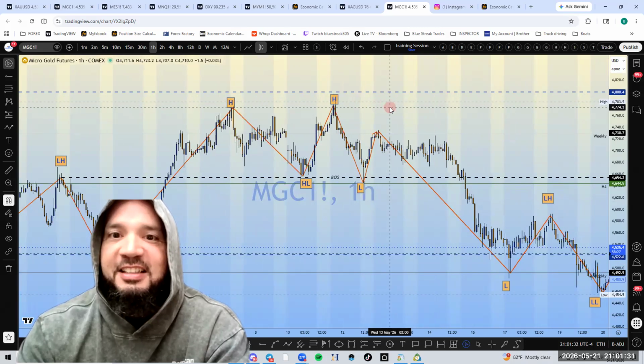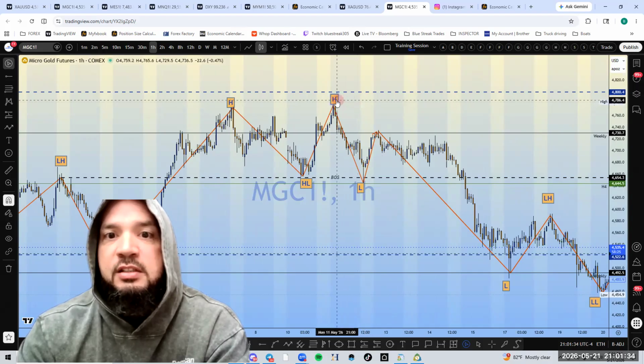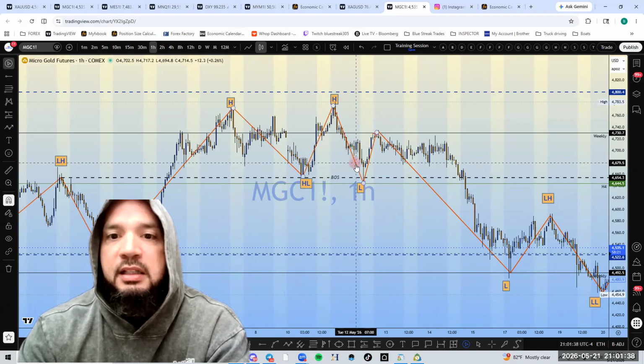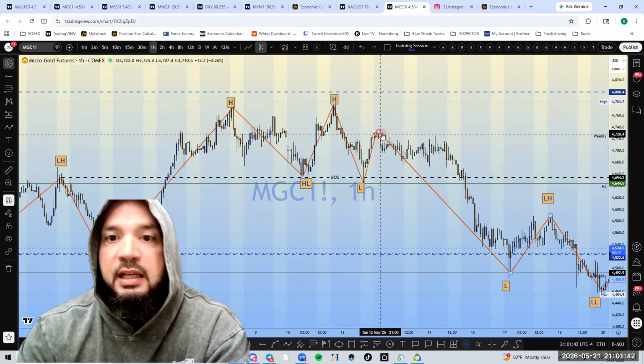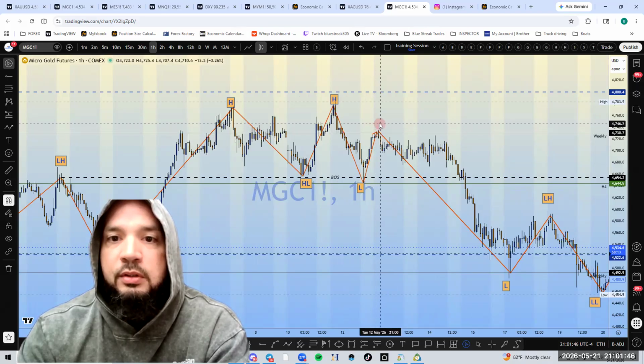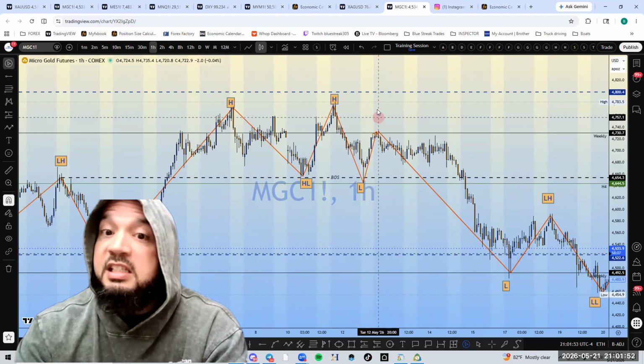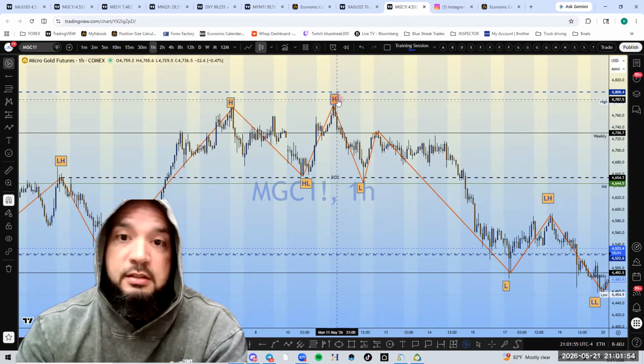So if this created a high, an equal high, and then it created a low, and then it created this leg up here, what would this leg be called? A higher low? Is it higher than this?